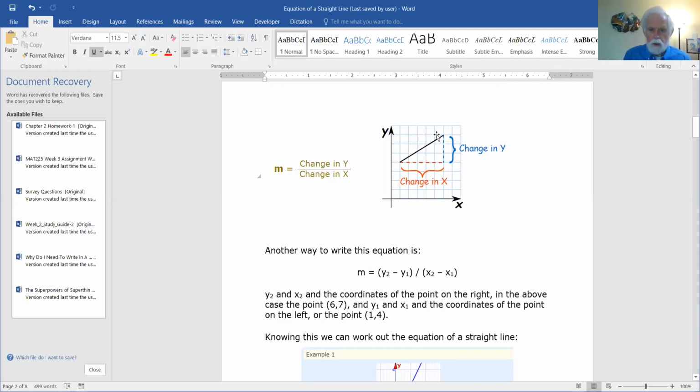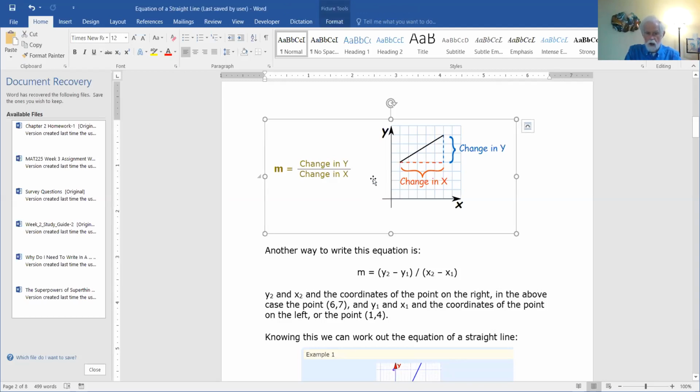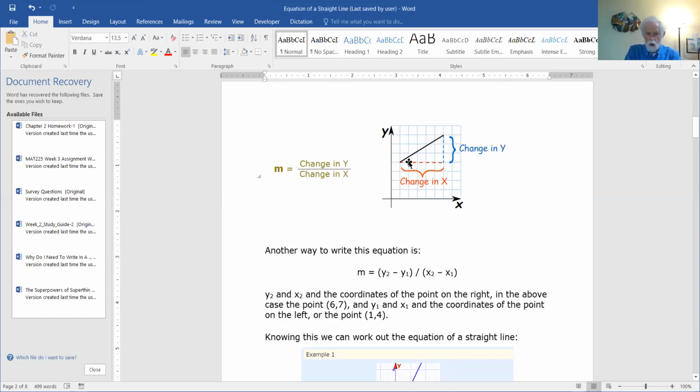You can choose any points you can find on the graph to use for this calculation. You don't have to use the endpoints because the slope, since this is a straight line, is the same no matter where on the line you are. The point on the far right is called point number 2, and the point on the far left is called point number 1.